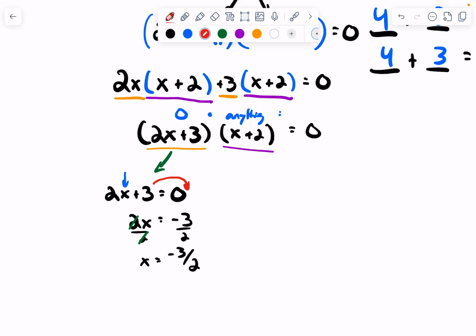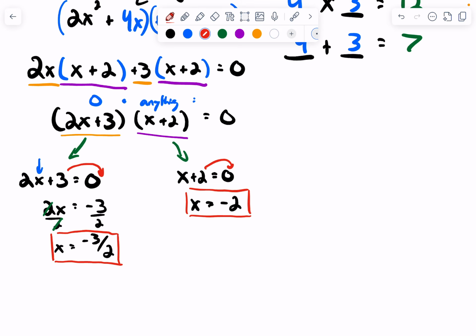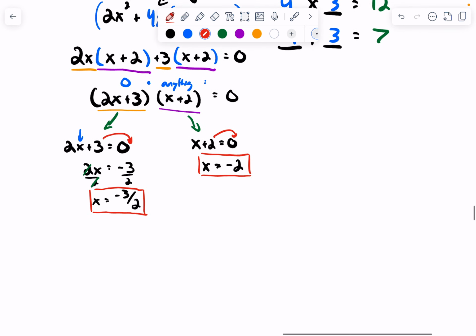So there is one of your solutions, one of your zeros, one of your x-intercepts, all meaning the same thing, okay? Now x plus 2 equaling 0, and this one's obviously much easier to do. Just bring that 2 over, and you get your other solution being x equals minus 2. You can always check, plug it back in, and see if it equals 0 when you substitute x equals minus 2 or minus 3 over 2.